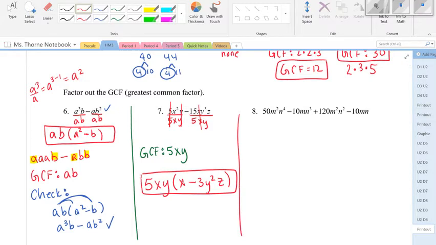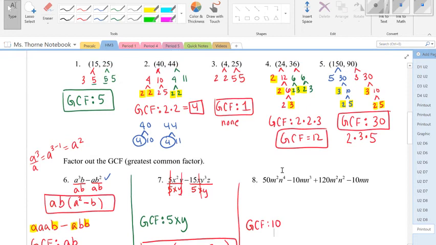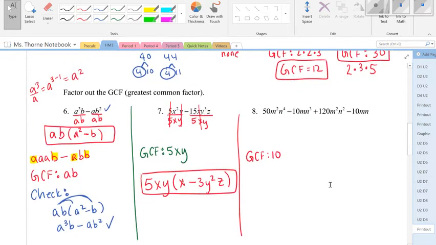So if I look at this next one, I see I have 50, 10, 120, and -10. So I know that 10 can go into 50 and 120. So I know that my greatest common factor has to have a 10 in it. Could you factor it out like we did above up here to see? That's fine. It just would take you a little bit longer, but you can.